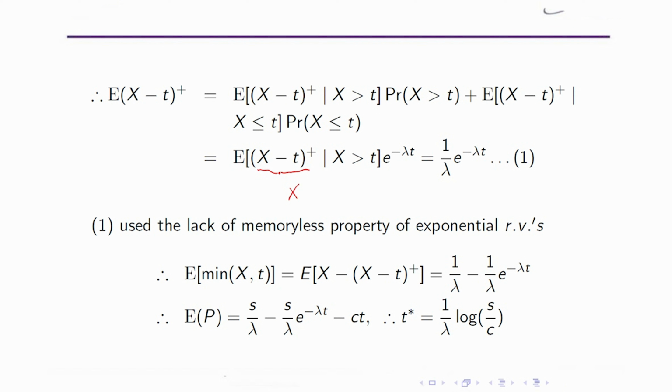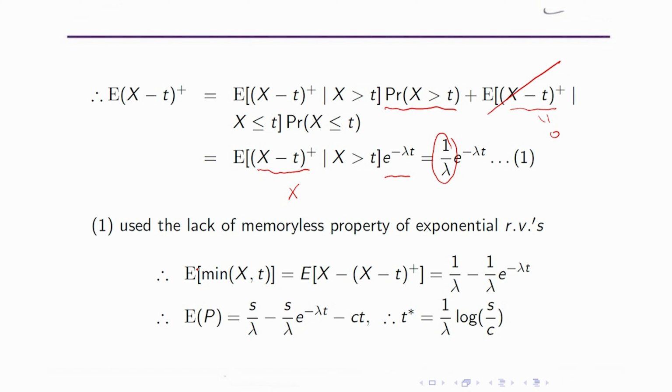So the expectation of X is simply 1 over lambda, times this probability, which is the probability of X greater than T, and because X is an exponential random variable, the probability of X greater than T is equal to exponential to the power of minus lambda T. Okay? And how about if X is less than or equal to T? We know that then (X minus T)+ is simply 0. So we can just ignore this term.